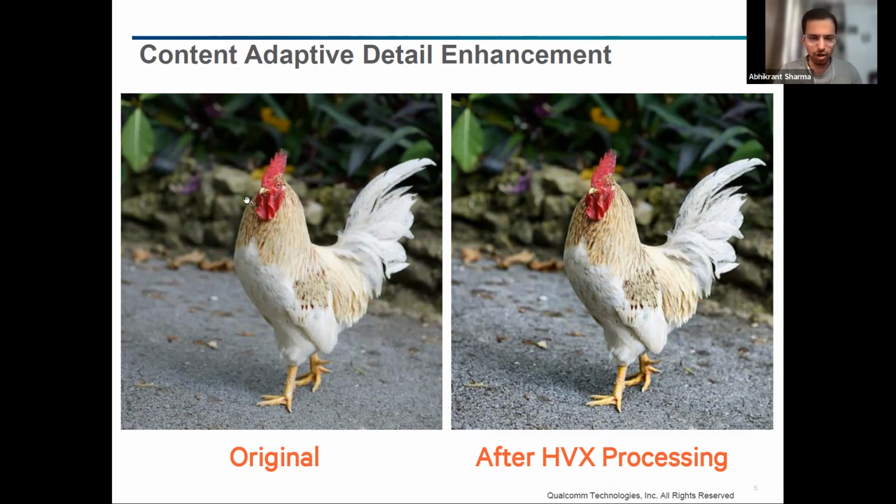I'm not sure how much justice is being done when you see these two images, but there is a significant difference between the original image and the image that is processed by a computer vision algorithm that does the detail enhancement, and it tries to show the features of the image really well.